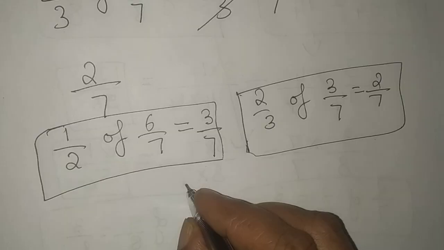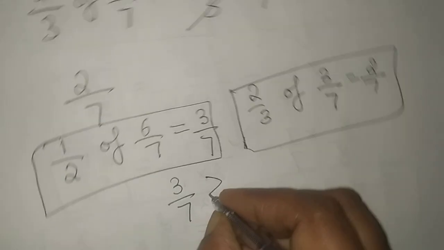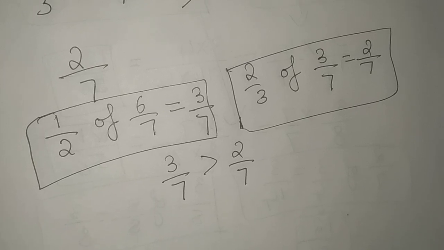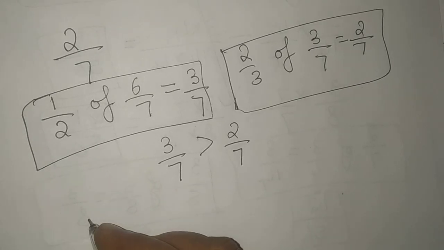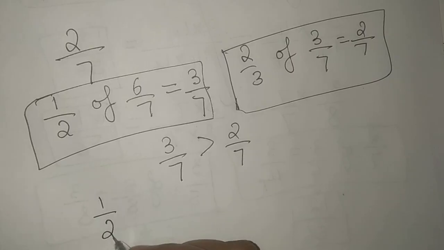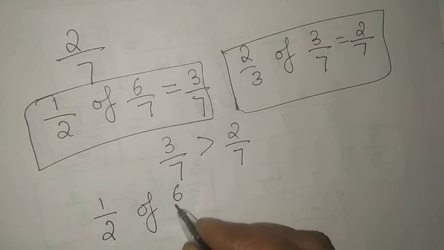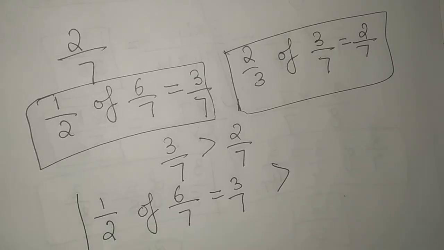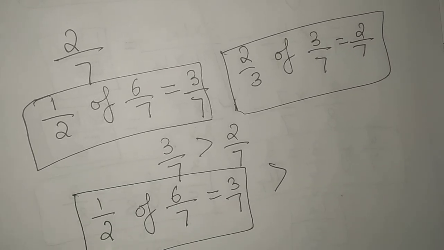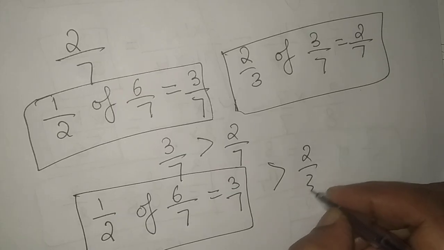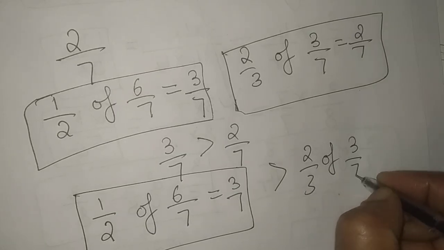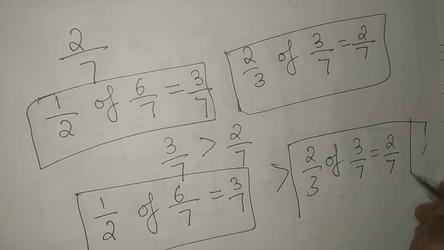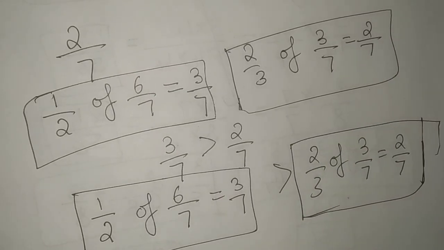So 3 by 7 is greater than 2 by 7. Thus 1 by 2 of 6 by 7 is equal to 3 by 7 is greater than 2 by 3 of 3 by 7 is equal to 2 by 7. So this is the solution.